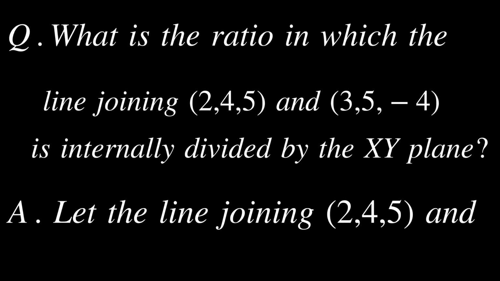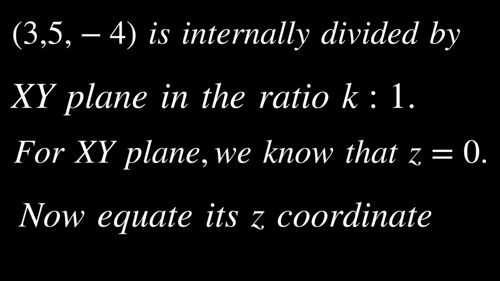Next problem. What is the ratio in which the line joining the points (2, 4, 5) and (3, 5, minus 4) is internally divided by the xy plane? Let us assume the ratio in which the line joining the points (2, 4, 5) and (3, 5, minus 4) is internally divided by the xy plane be k is to 1. One point to remember here is that in the xy plane we know that its z coordinate is 0.